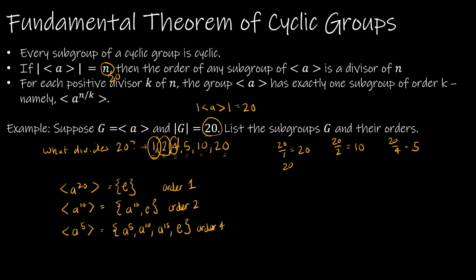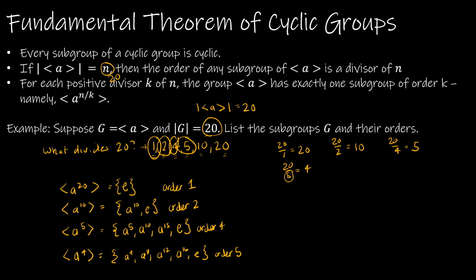Now we'll take 20 divided by 5, which is 4. So I'm going to take A to the 4th, and it's going to have order 5. So A to the 4th, A to the 8th, A to the 12th, A to the 16th, back to the identity. So that's order 5.